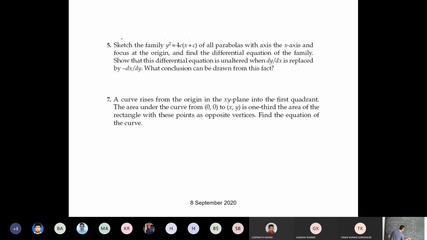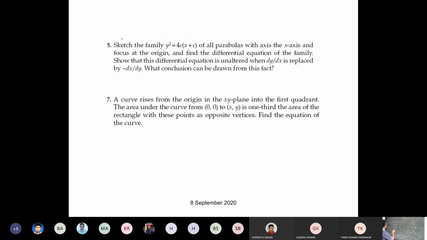So now they are nothing but the slope of the tangents, isn't it? At the point of intersection. So now if I multiply this dy/dx 1 into dy/dx 2, what do I get? Just a minute.